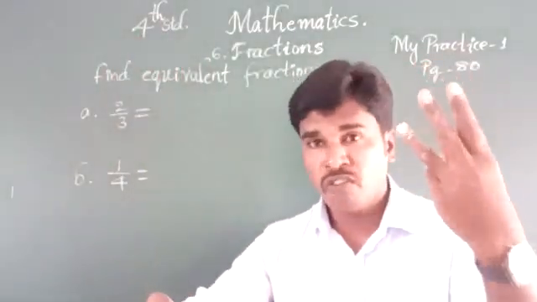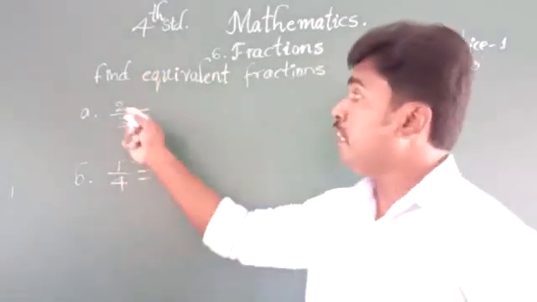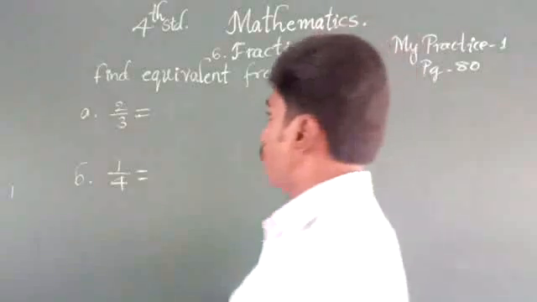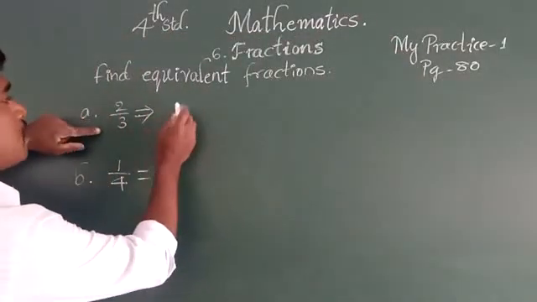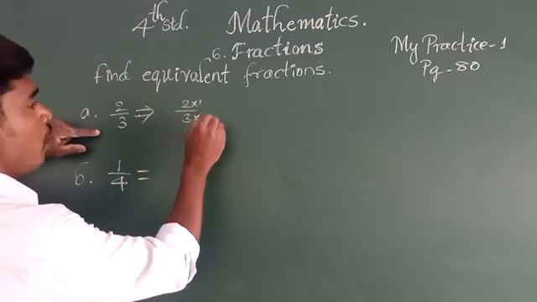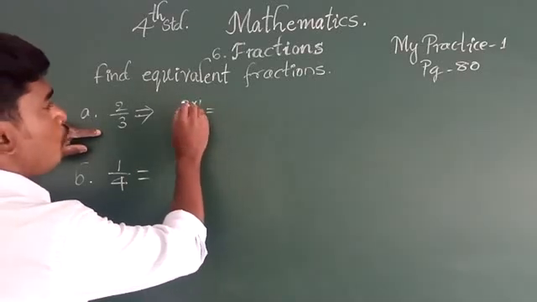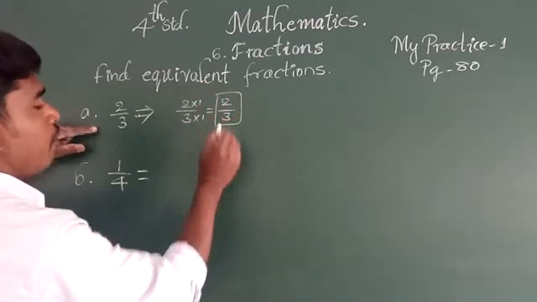Multiply with 3 for both numerator and denominator, so that you are getting the equivalent fractions. So for 2 by 3, it can be written as 2 by 3 into 1 by 1, which is 2 by 3. This is one equivalent fraction.